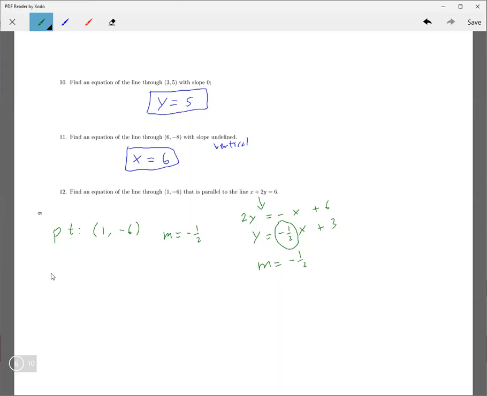Okay, so we can use the slope-intercept form. We know the slope is -1/2, so plug that in there.